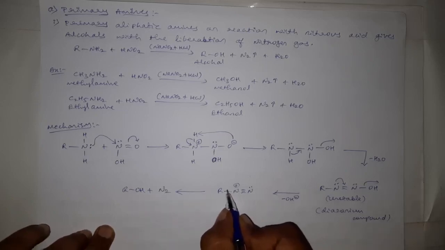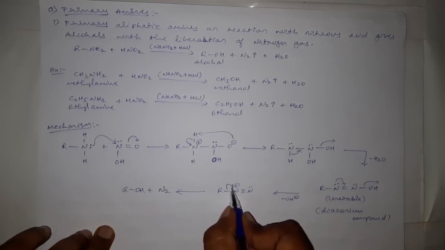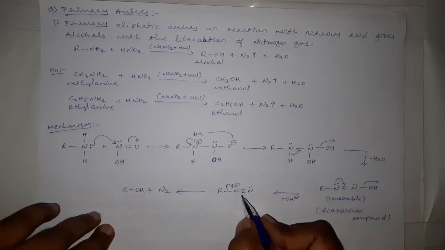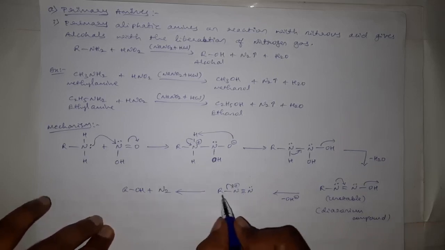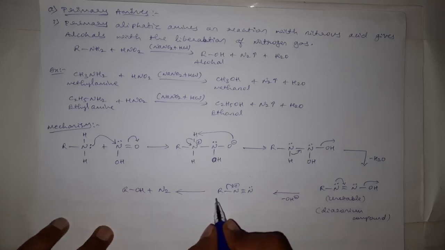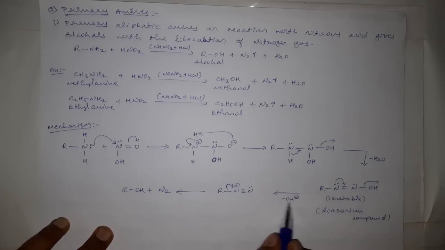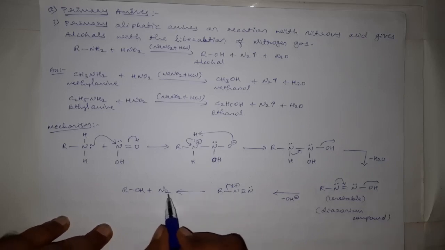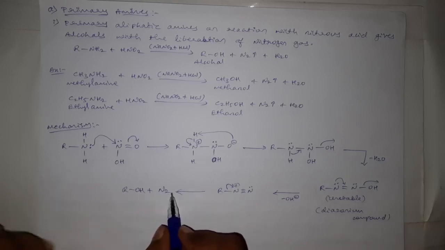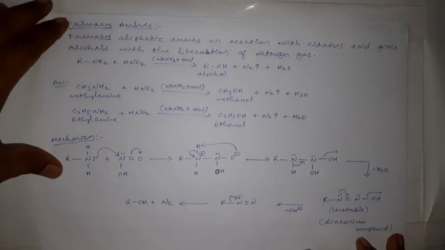See, this nitrogen will abstract these bonded pairs of electrons towards itself, and it will leave this substituent as R plus, and that R plus and this OH minus will combine and form alcohol, and this N triple bond N will go out as N2 gas. This is all about the reaction mechanism.